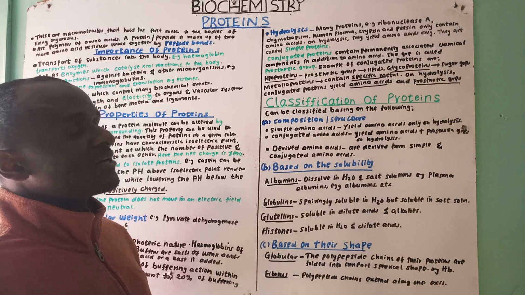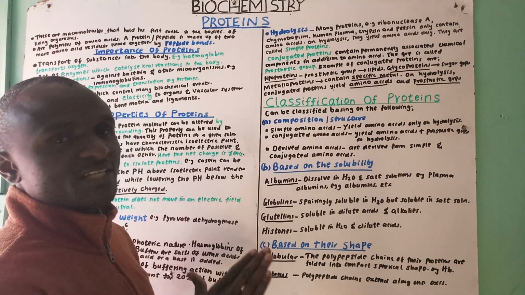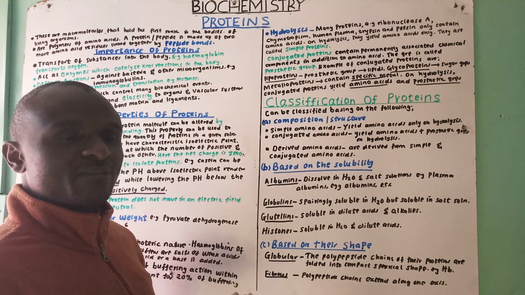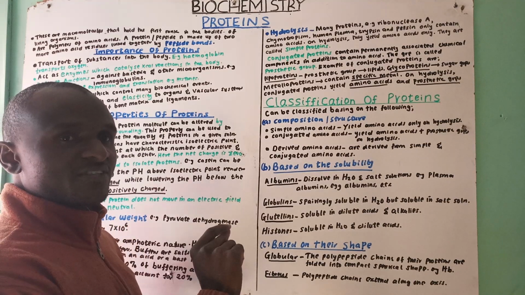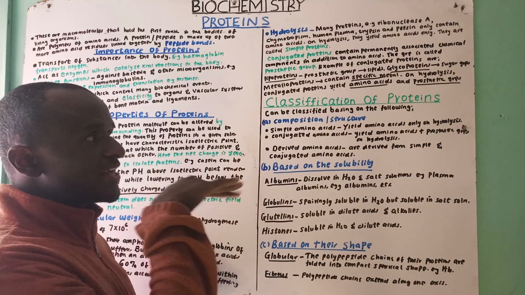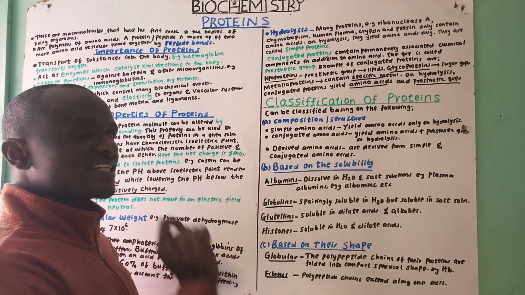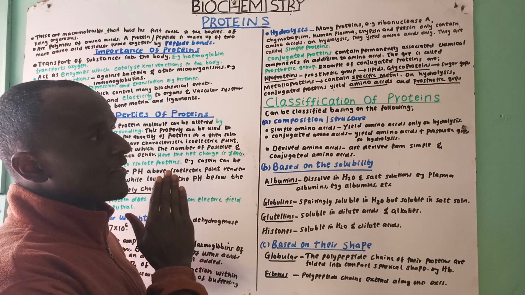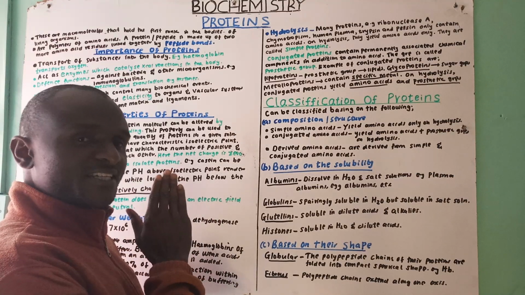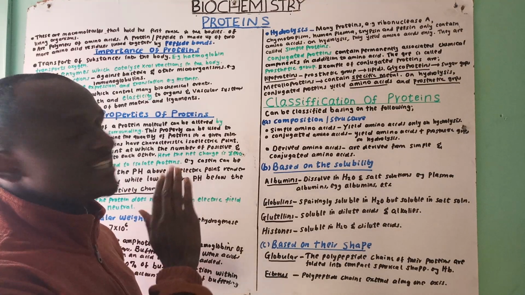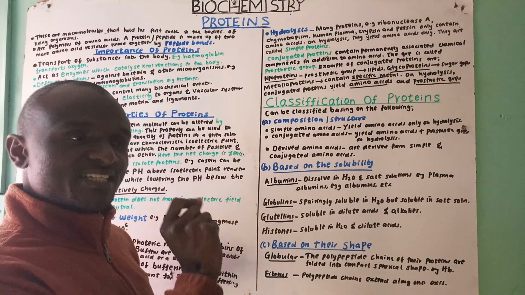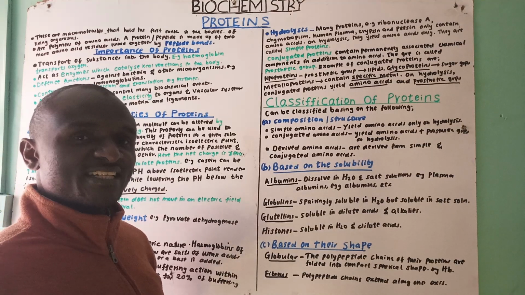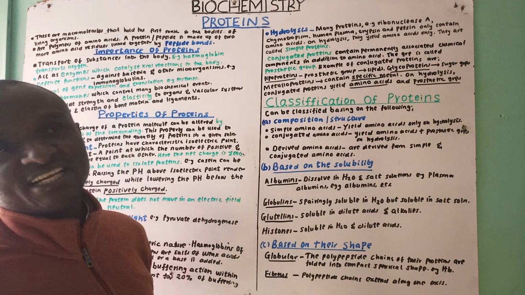In the same lecture, we went ahead and looked at the classification of amino acids. Amino acids can be classified based on the structure of the side chain. They can be classified as amino acids with side chain containing alkyl groups, that is carbon and hydrogen atoms only. So we talked of glycine, alanine, valine, leucine, and isoleucine.